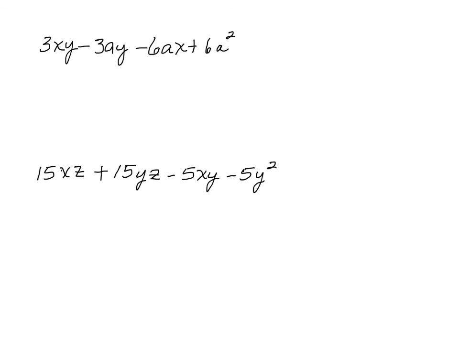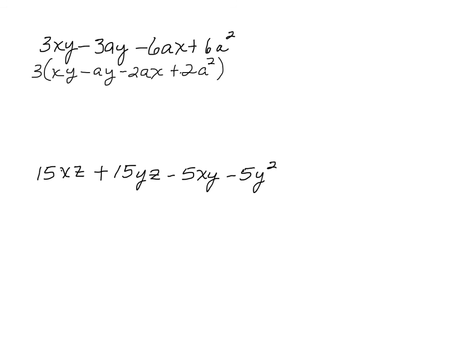They don't all have A's, Y's, or X's, but they all have a factor of 3, which can be factored out. If we do that, we have 3 times xy minus ay minus 2ax plus 2a squared. All we did was factor out a 3.